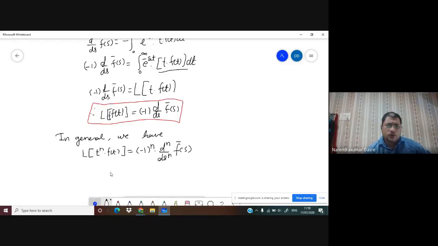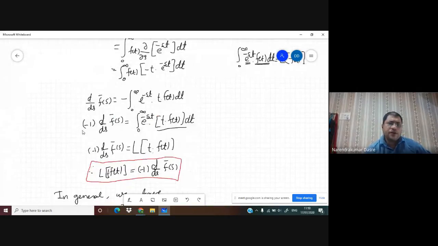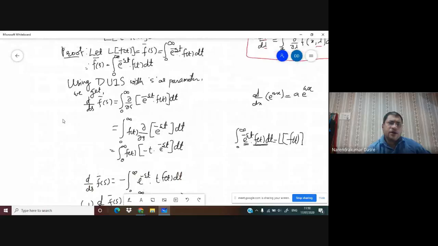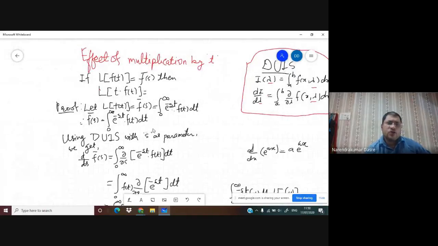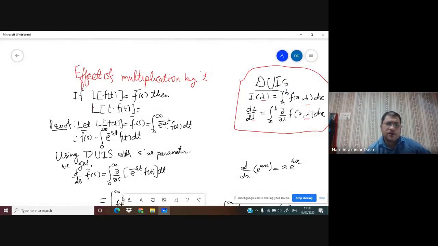So what we have obtained now is that the Laplace transform of t into f of t is minus 1 into d by ds of f bar of s.